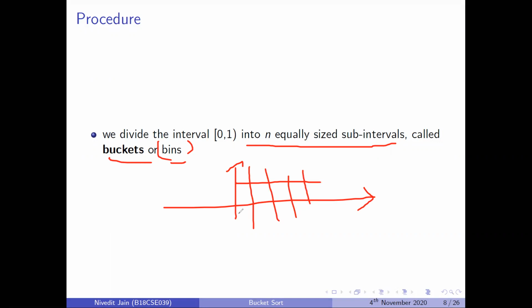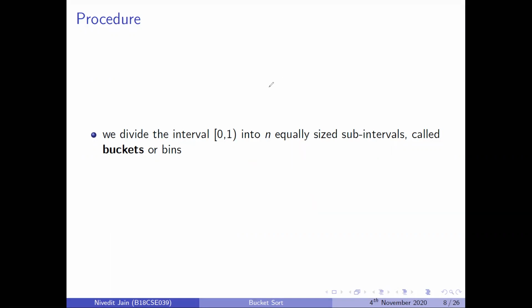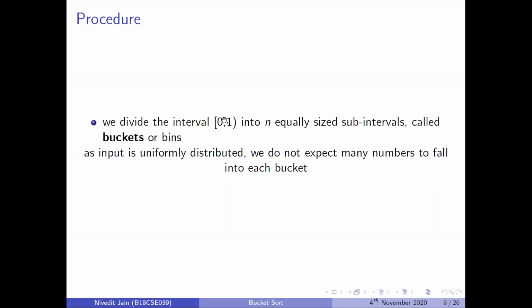We are dividing this into n parts. As numbers are uniformly distributed, the probability of falling in each bucket would be 1 by n. And this uniformness will ensure that not many numbers are in one bucket. They are distributed over the buckets.